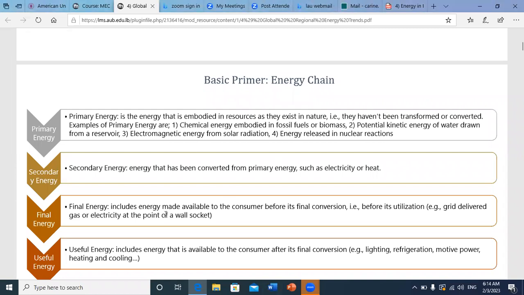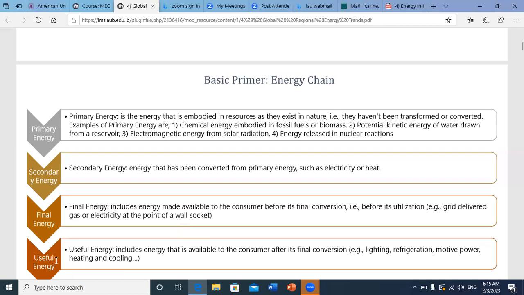Now, concerning the final energy, it includes energy made available to the consumer before its final conversion. So before using it, we can talk, for example, about grid delivered gas or electricity at the point of a wall socket. So just before we use it in the home, if you have electricity available, when you press the button on, then you will have it in the useful form.